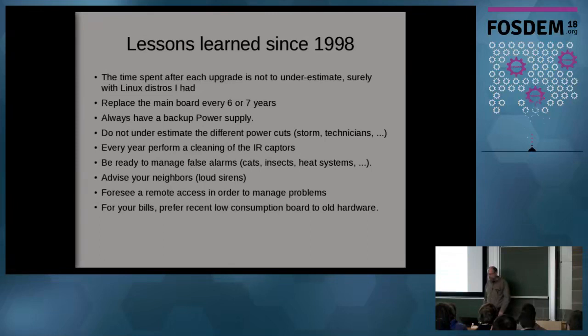I don't know, maybe it's specific to me, but I still have a lot of power cuts, a storm, technicians on the streets doing stuff, and they interrupt the power for a few seconds, 1 minute, but it's enough to kill the machine, except if you have a UPS.